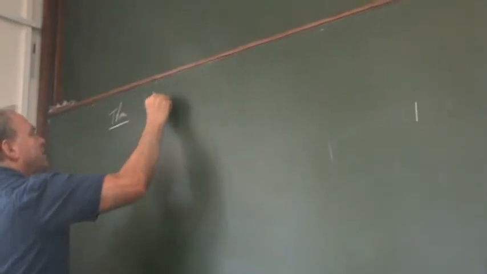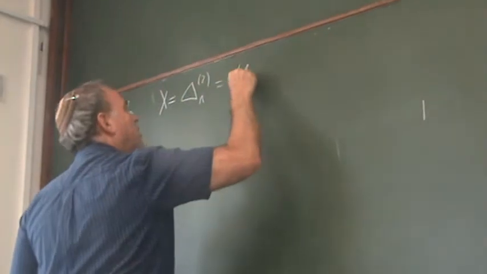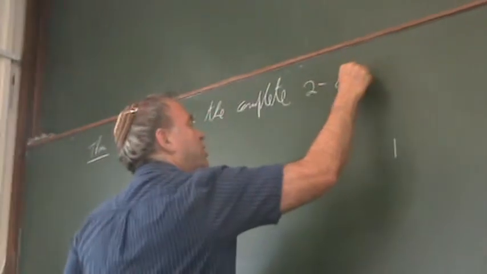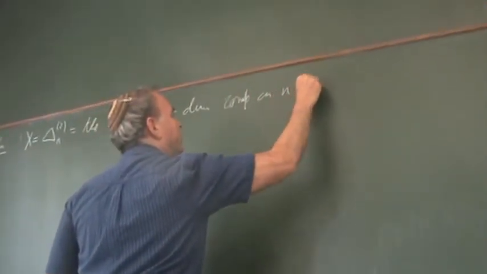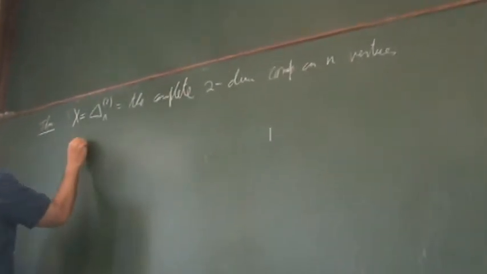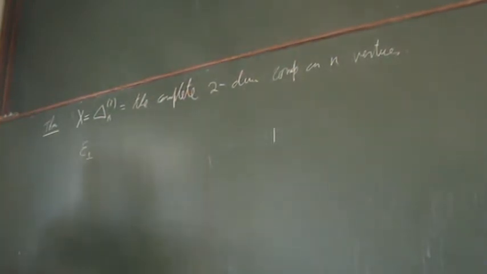If X is the complete two-dimensional complex on n vertices, then we saw that epsilon 0 is basically the Cheeger constant for the complete graph, which is trivial to compute.